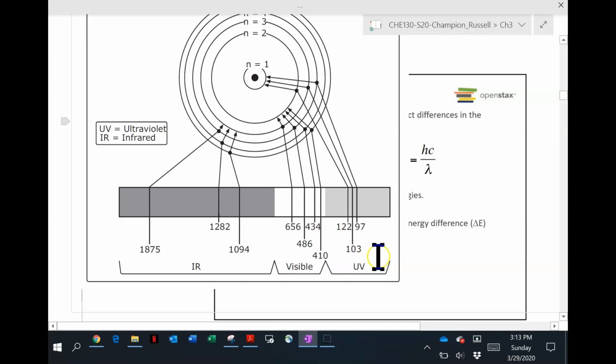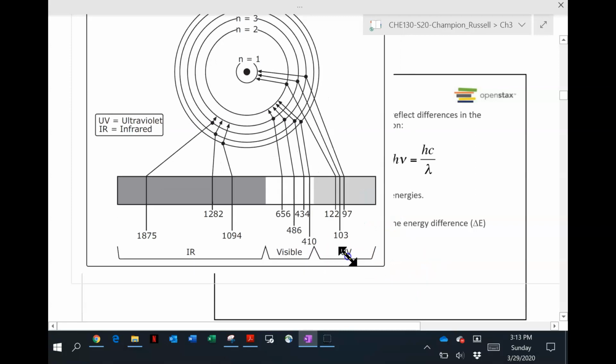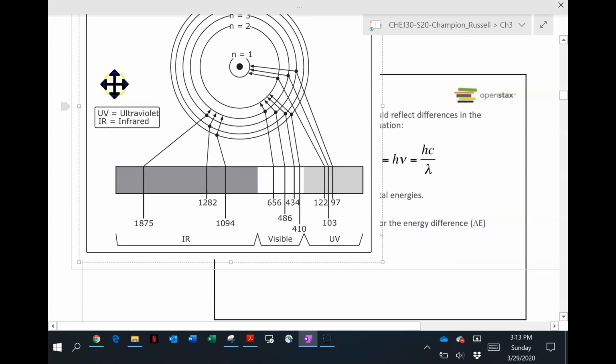And so that kind of set it on top of things. I don't want to do that. Let me see if I can make that a little smaller so we can see it, and drop it down here somewhere where it makes more sense.